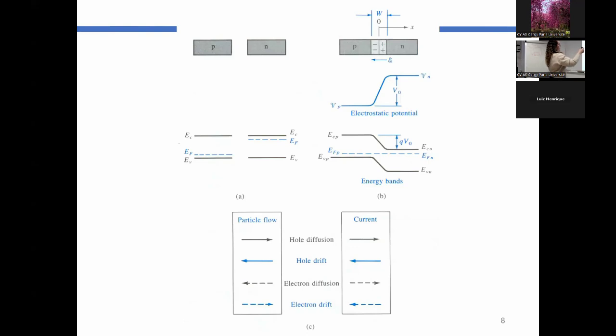The electron diffusion will be on the left because the N-type is there, and the electron drift will be on the right.